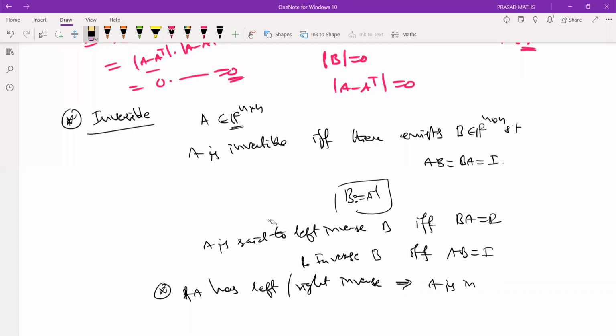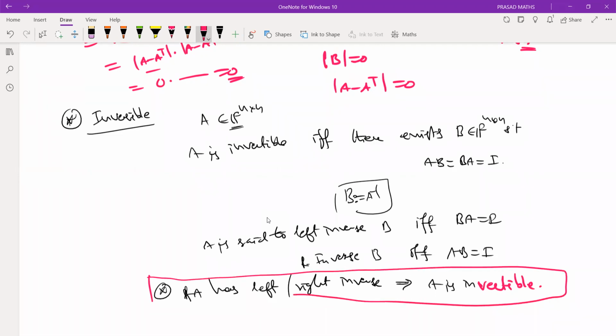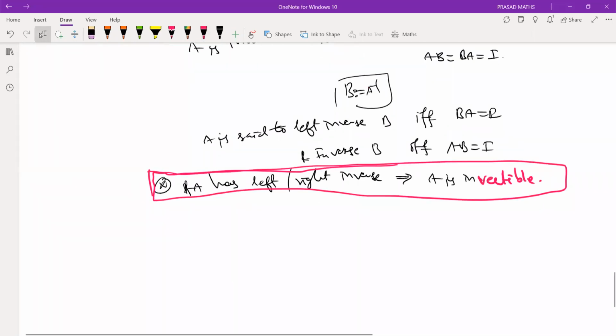Refer to it. When I teach systems of linear equations, I'll tell you this concept. It is not necessary to have both; one is enough, and the other follows automatically. So this is a very, very important idea.